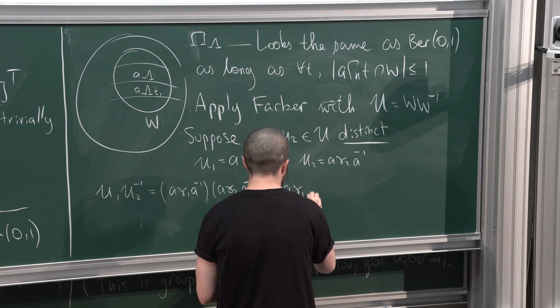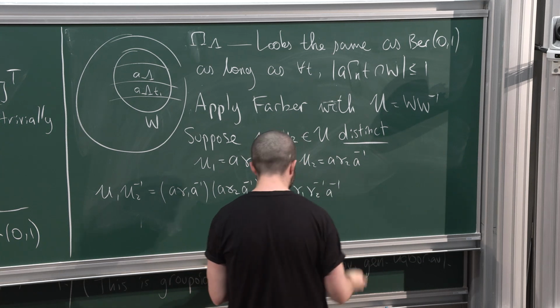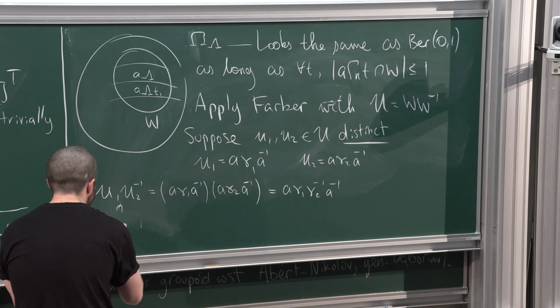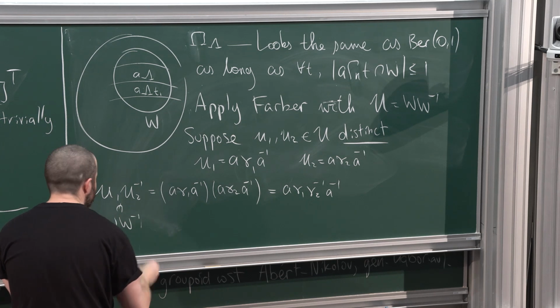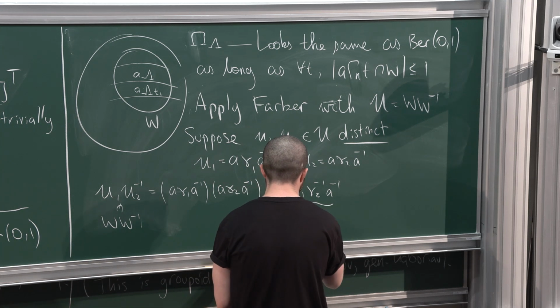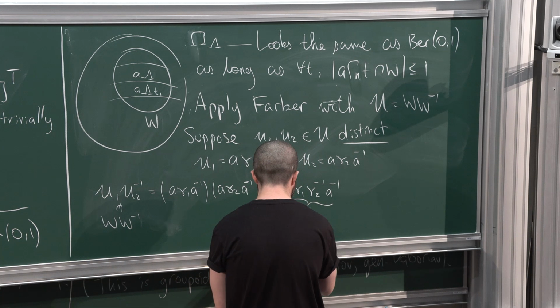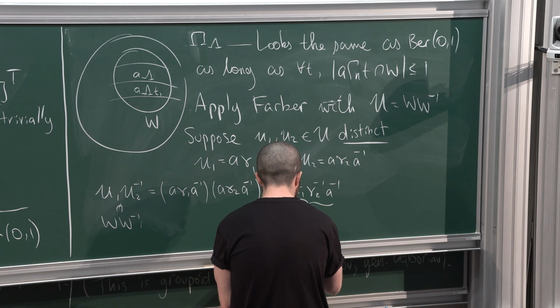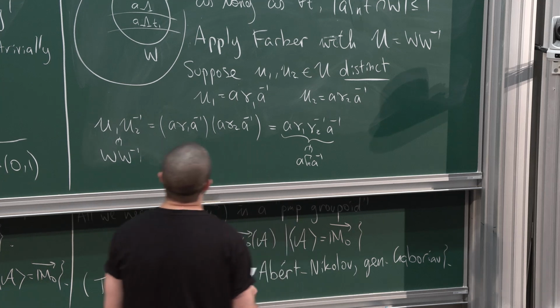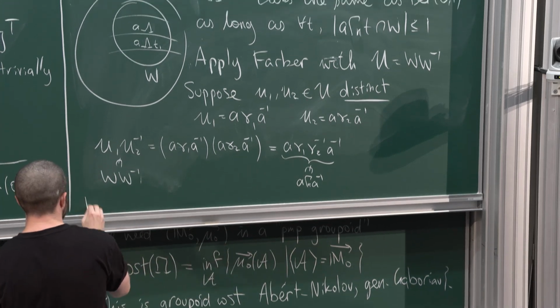A gamma 1, gamma 2 inverse, a inverse. And so now this thing is in w inverse, and this thing is in a gamma and a inverse. So this proves weak convergence.